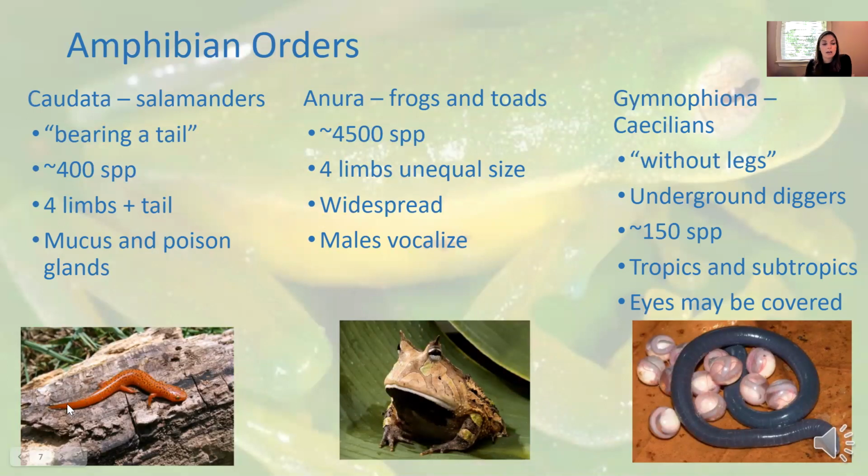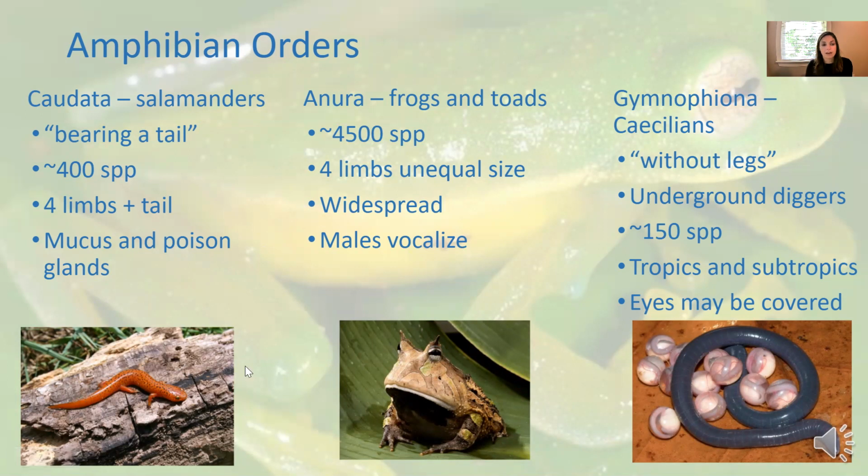But as adults, salamanders retain their tail. There's about 400 species of salamanders. In general, they have 4 limbs and a tail. And in salamanders, all 4 limbs are generally the same size, and that's different from frogs and toads.